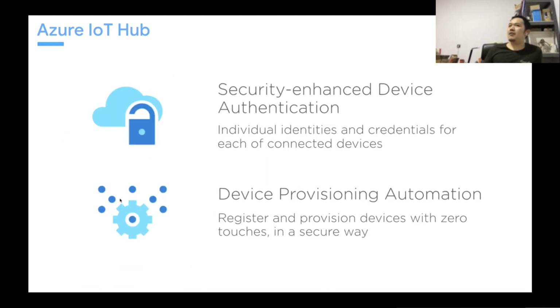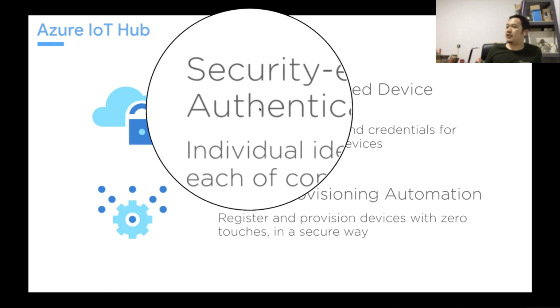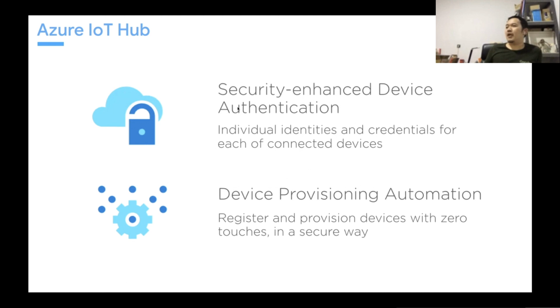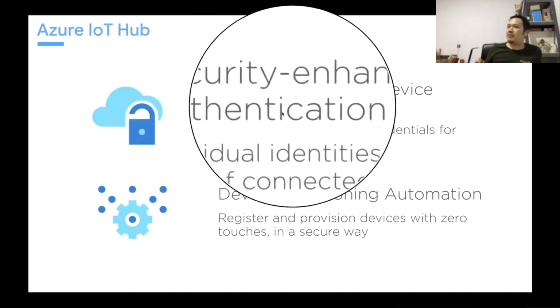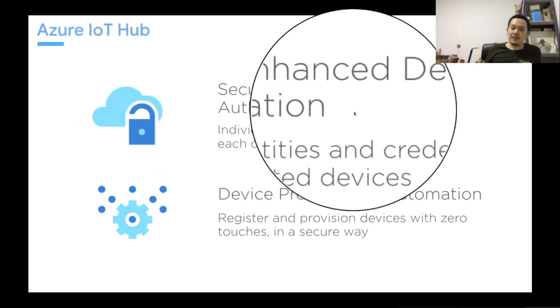Obviously, for a device to connect to your IoT Hub, there is some kind of authentication. We have to make sure that the device that connects to your services is authenticated. All of that is already managed by Azure IoT Hub and the SDK.